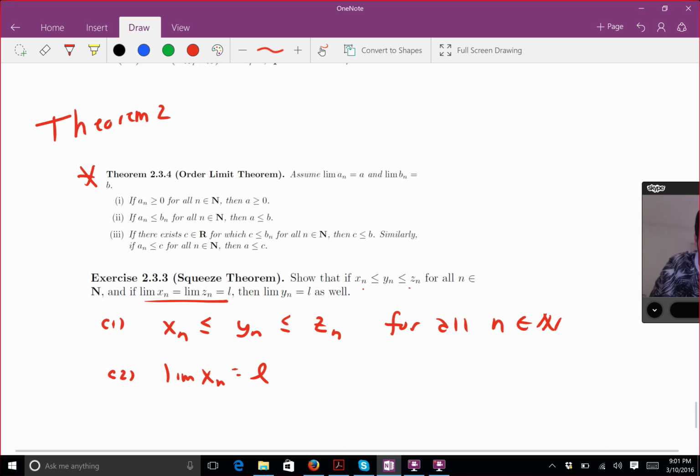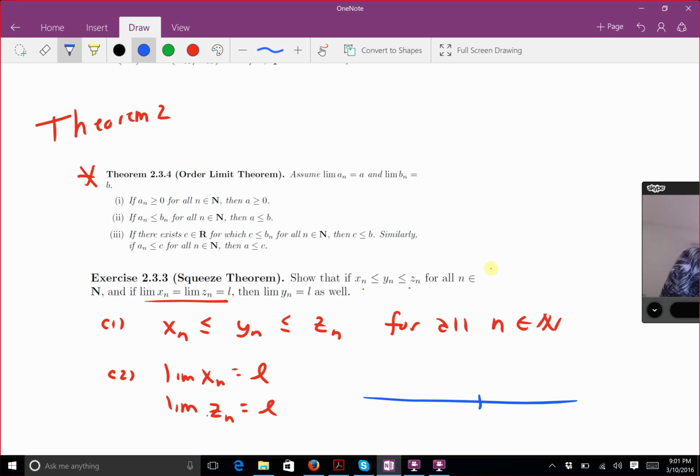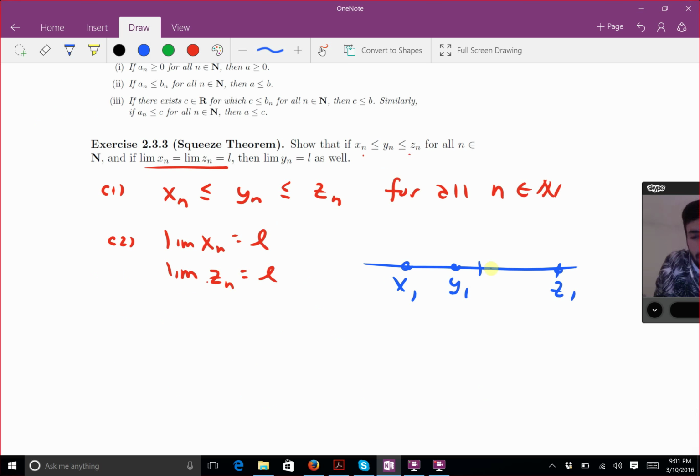Okay, now we're ready. Notice what's happening. Let's draw a picture. Maybe x_1 is here, z_1 is here, and y_1 is here.